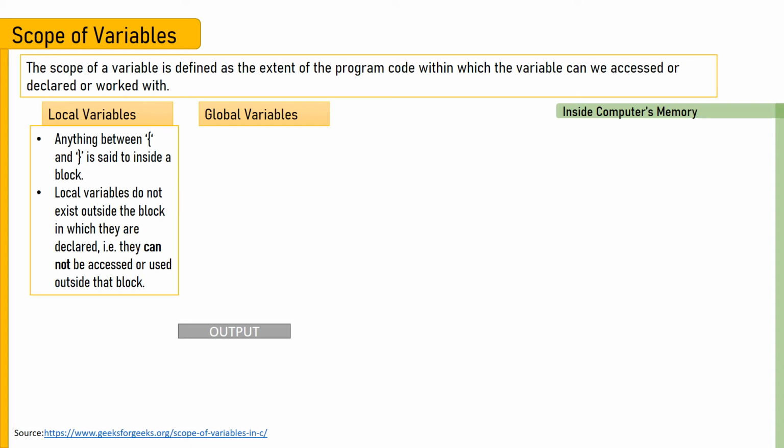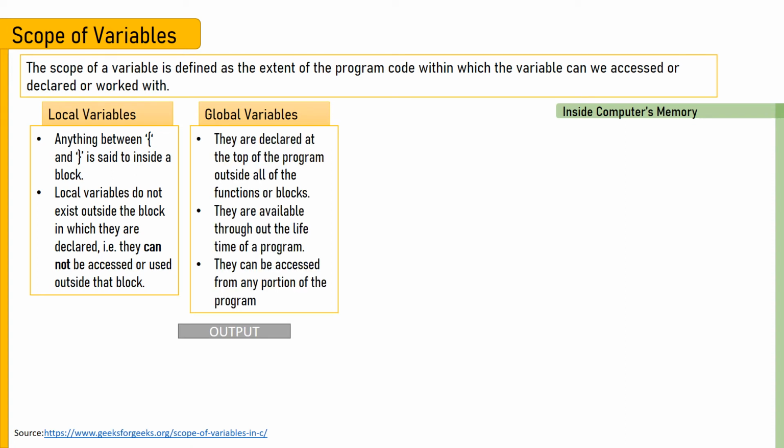For local variables, anything between open curly braces and closed curly braces is said to be inside a block. Local variables do not exist outside the block in which they are declared. They cannot be accessed or used outside the block.